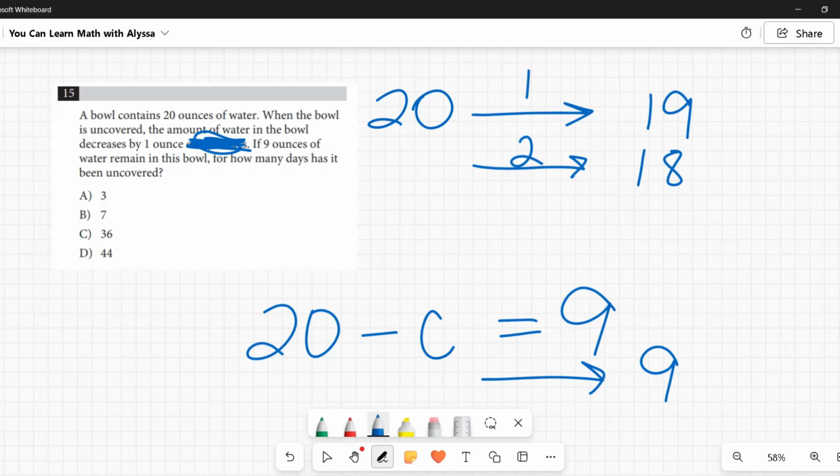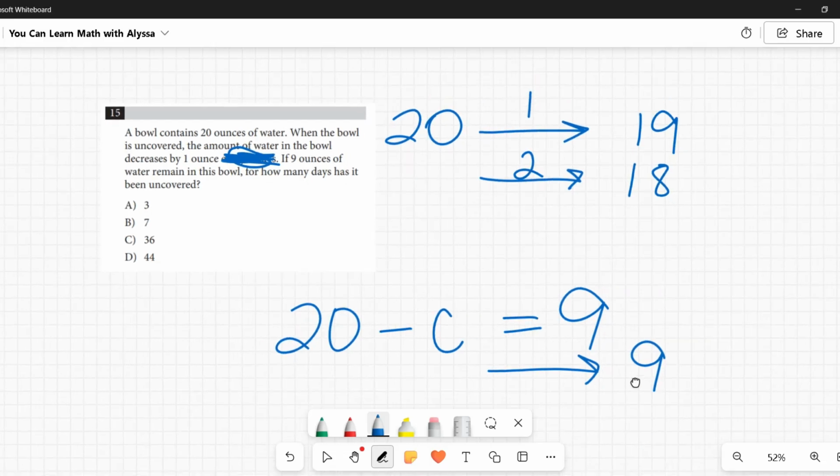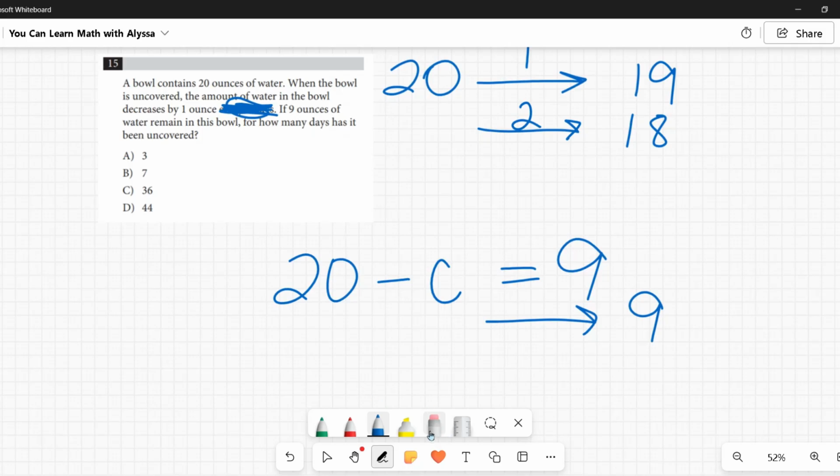We can actually do the math, but I'm guessing a lot of you, when you just look at this and go 20 minus what equals 9, you're going to know that that's 11. And no shade if you didn't know that offhand, that's fine. I'm just saying that if you do, you don't have to go through the steps of doing the algebra solving if you have that knowledge ahead of time.